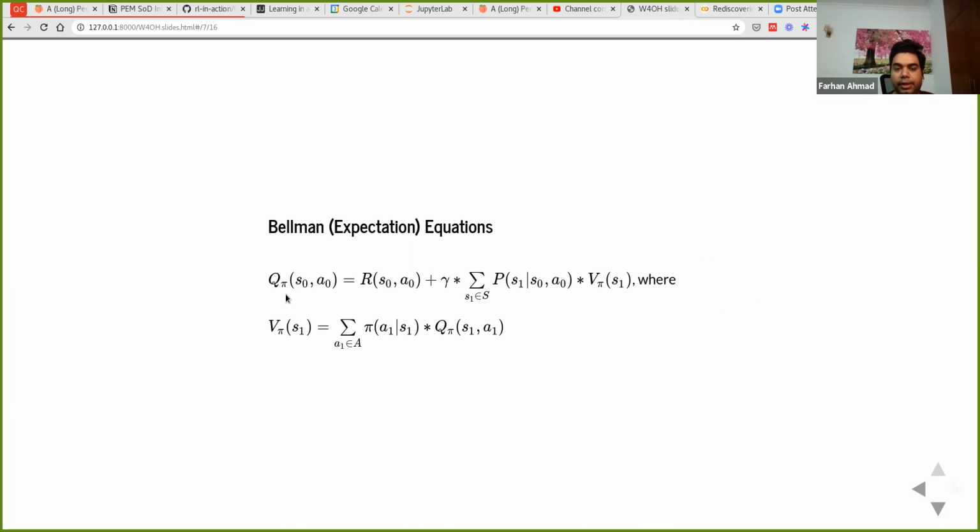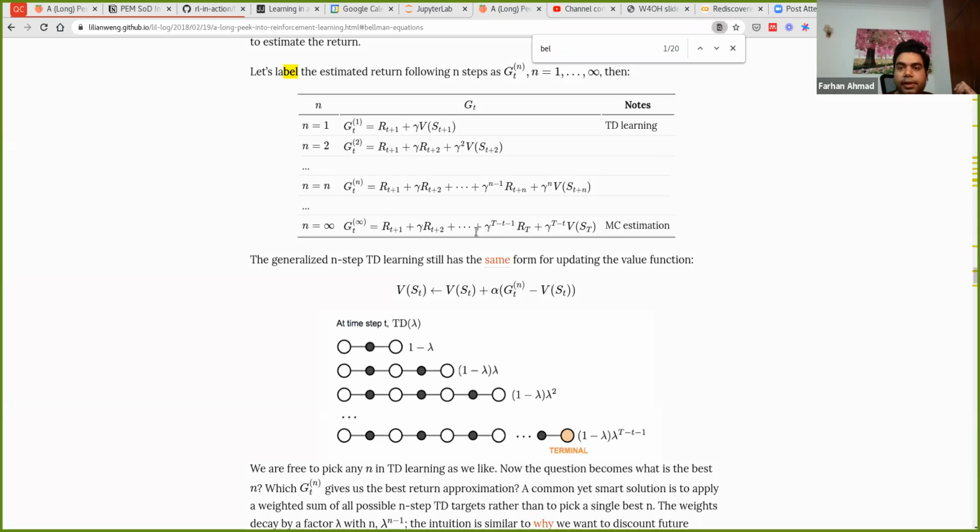But if you substitute it over here, then you will see that this is nothing but a relationship between the Q value at S0 A0 in terms of the Q value for S1 and A1. The only thing we have done is that we have defined this intermediate variable V of S. We saw this notation when we were trying to implement Q learning and SARSA using this book, I think, right?